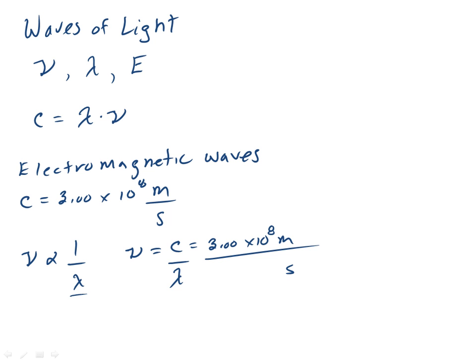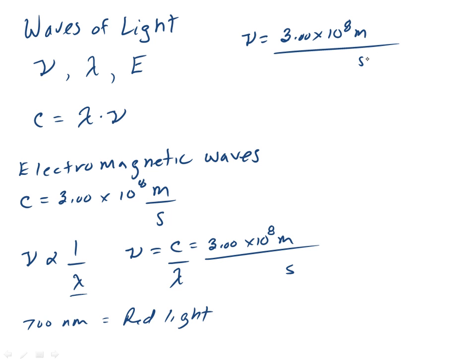So what can we do with this equation? Well, we know that in the visible region, 700 nanometers is equal to red light. So let's say I wanted to find out what the frequency of red light is. All right, so frequency is equal to the speed of light, 3.00 times 10 to the 8th meters per second, divided by 700 nanometers.